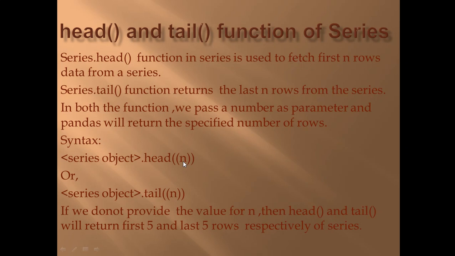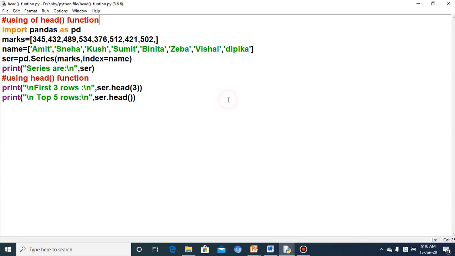So we will now see how the tail function and head function are used in a program. Here you can see I have created one program based upon the head function. In the same way, I have written a comment line over here: using the head function.